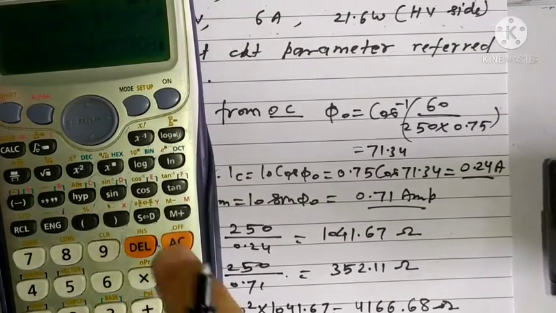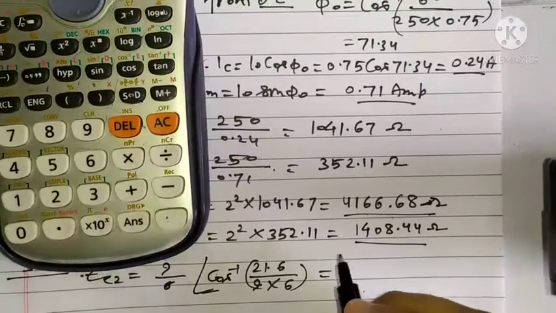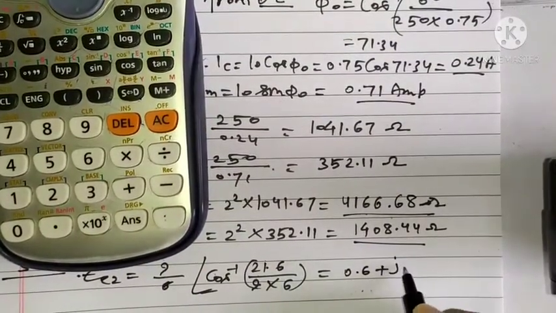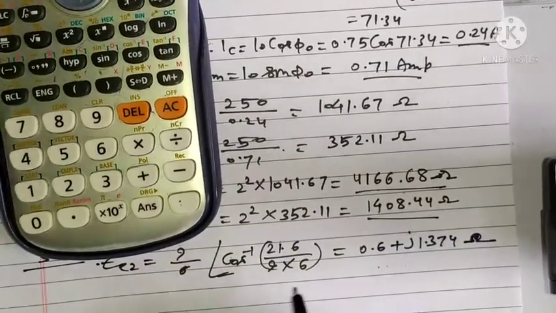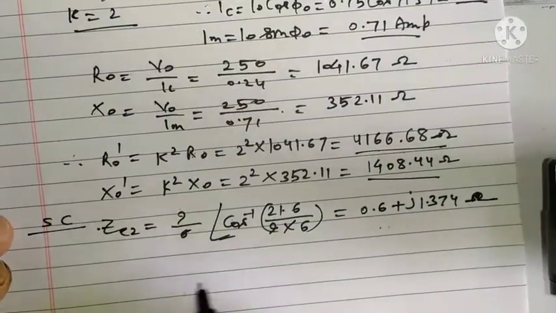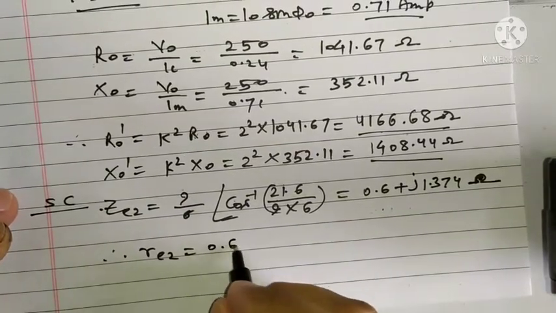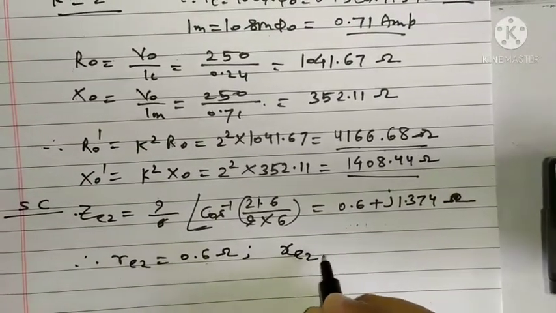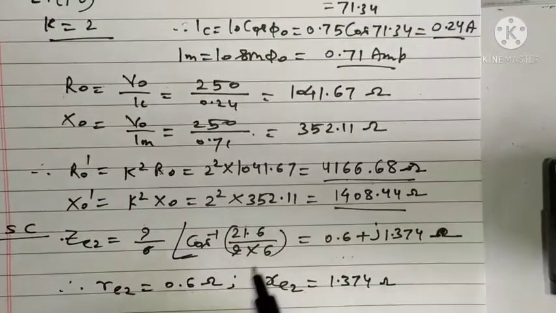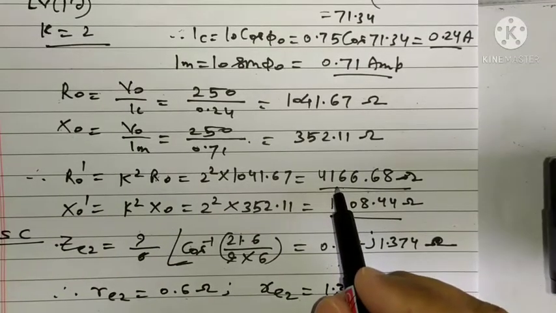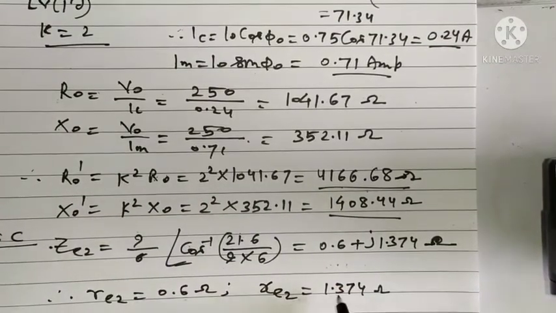It comes as 0.6 plus j 1.374 ohm. Therefore RE2 is 0.6 ohm and XE2 is 1.374 ohm. So circuit parameters referred to the secondary side are calculated now: R naught dash, X naught dash, RE2 and XE2.